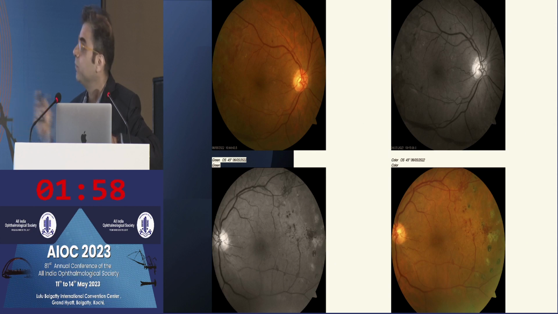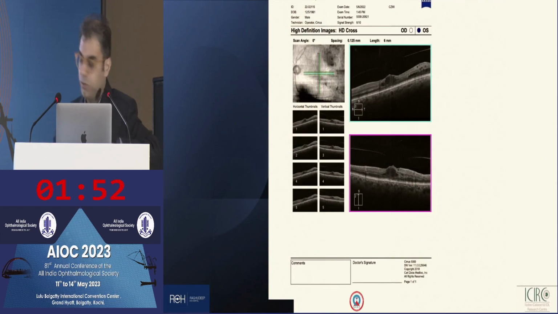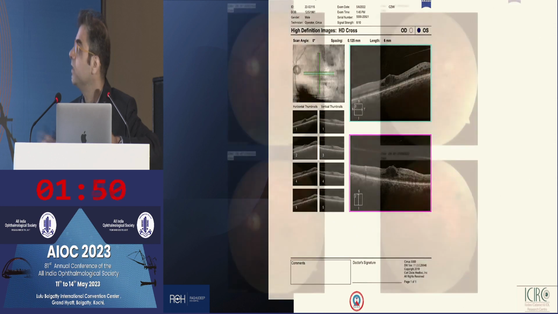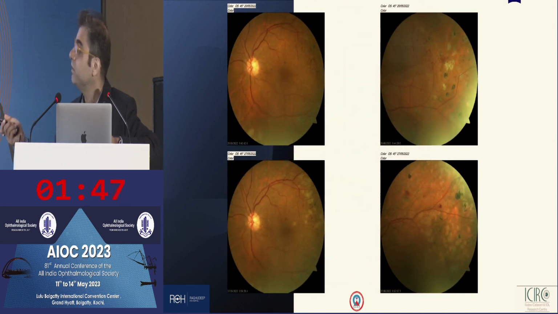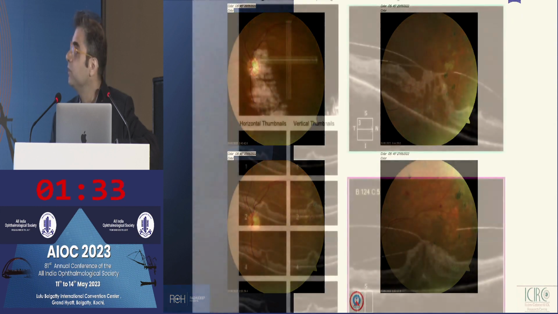So at this point of time, we went ahead with anti-VEGF instead of a dexamethasone implant, and he also had a macular edema, I forgot to say that. After putting the anti-VEGF, the neovascularization went off, and after that we did some top up with the PRP and some focal laser, and the patient is doing absolutely fine.